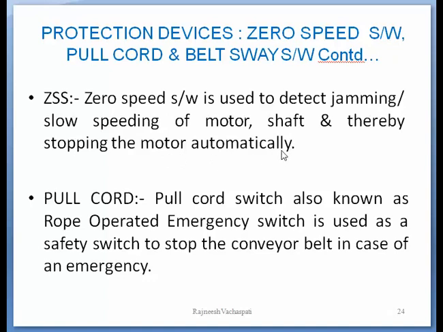When it senses any jamming or speed reduction of the motor, it automatically stops the motor. The pull cord switch is also known as rope operated emergency switch, and is used as a safety switch to stop the conveyor belt in case of an emergency.